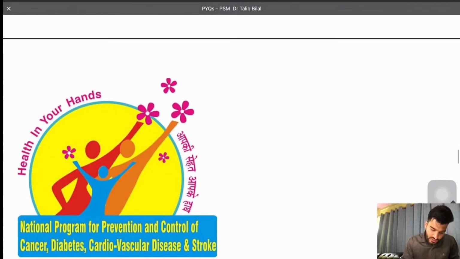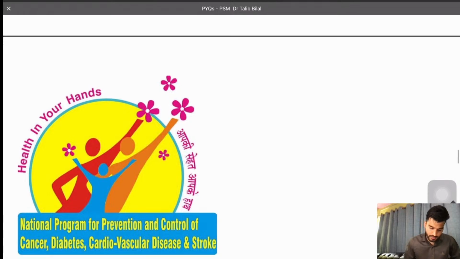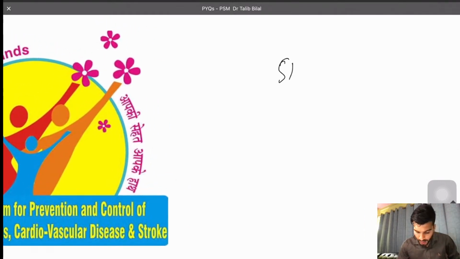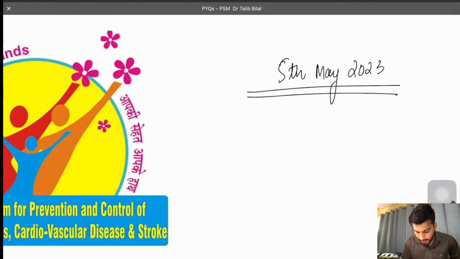A bit of a change in NPCDS, guys. Before, this was the logo for the National Program for Prevention and Control of Cancer, Diabetes, Cardiovascular Disease, and Stroke. But now on 5th of May 2023, the name has been changed.